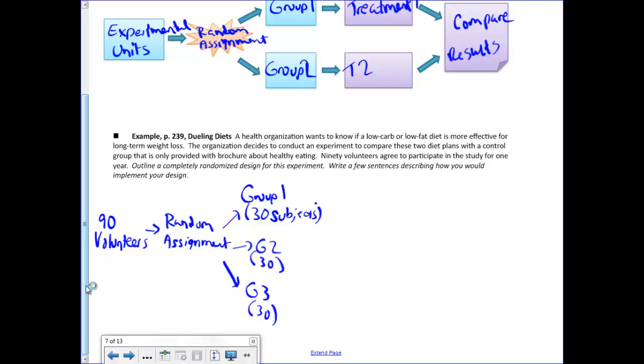Spell it out for me in the first one, and then I can see what you're getting at. Group 1, and then G2 and G3. So divide your people into the groups. Once you get your people in the groups, what do you do? Treatment.